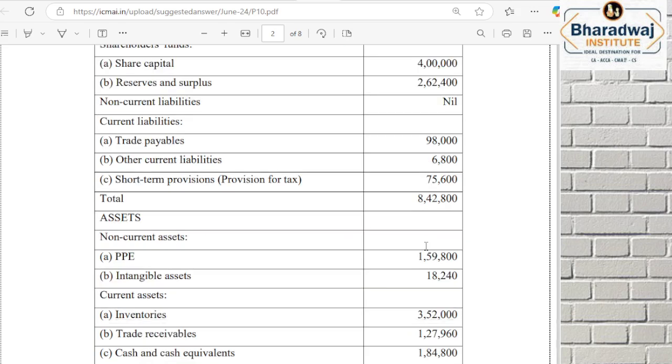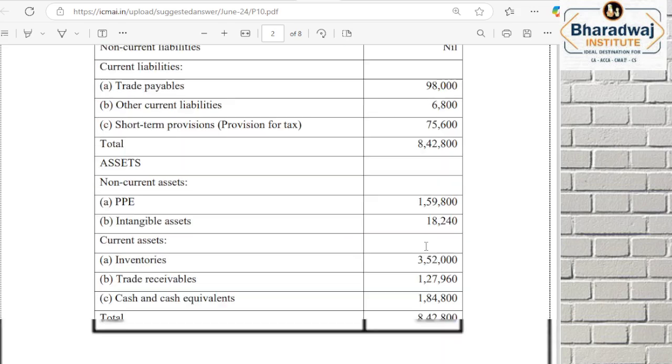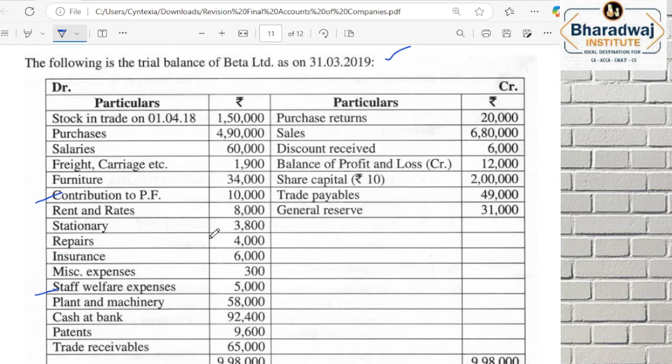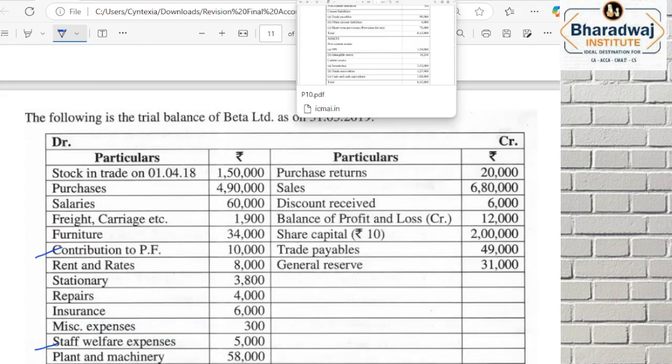Then this one. Pause and copy. After this, try the next question. We have already tried this in the December 2024 class. Try the same question.